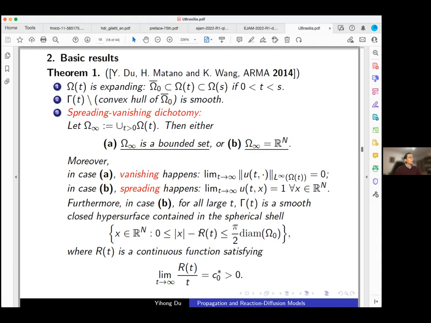Moreover, the radius converges to infinity linearly in time. So this ratio converges to some positive constant. And this, of course, tells us this new model also has a spreading speed, C0 star.